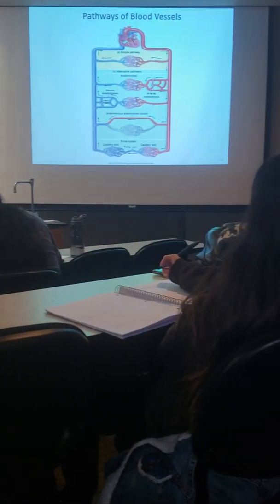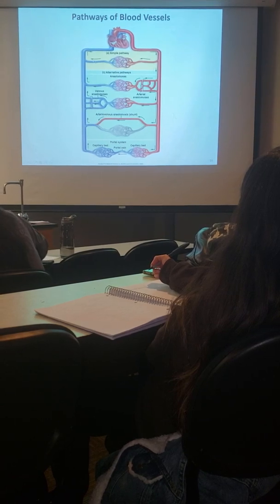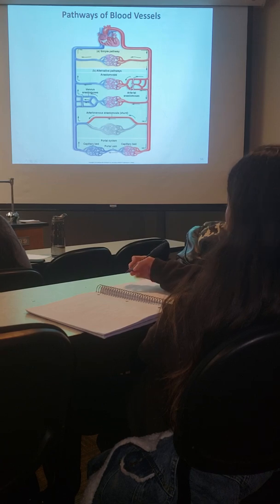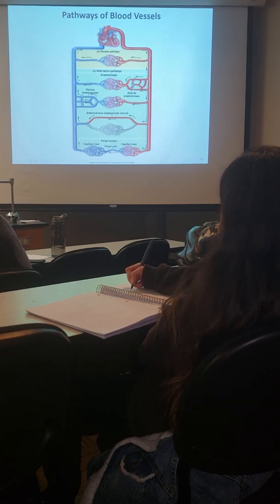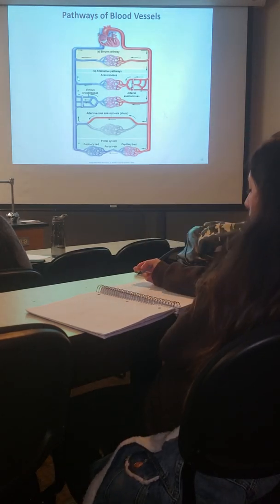So in a simple pathway, you see the heart goes to the artery, goes to a capillary, goes to a vein, what we're normally used to thinking of. Whenever you hear the word anastomosis, the word anastomosis means connection, or junction between two vessels.